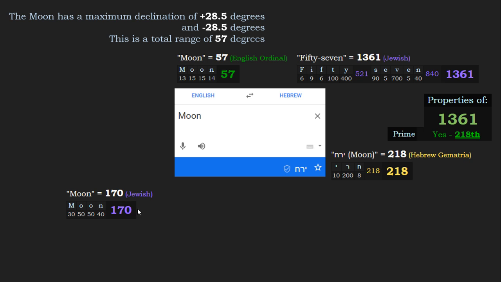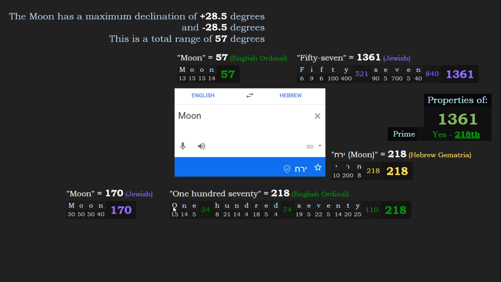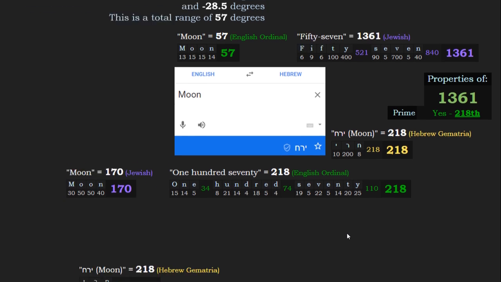Using the current 26-letter alphabet, when you write out 170, it's the first number to have a gematria value of 218, using the alphabetic order. So the word moon, with this value 218, is attributed in both Latin and English Gematria.